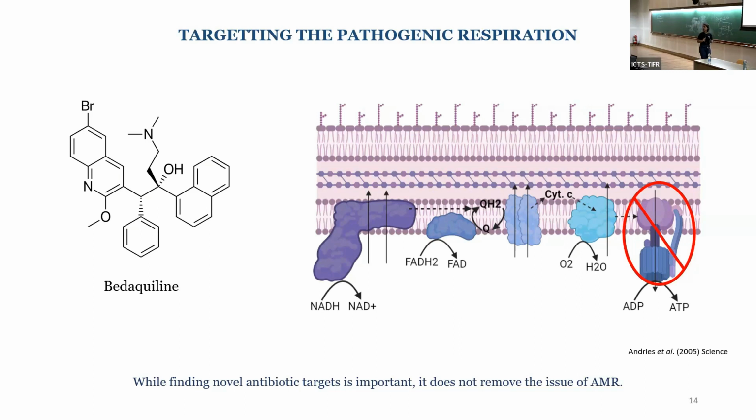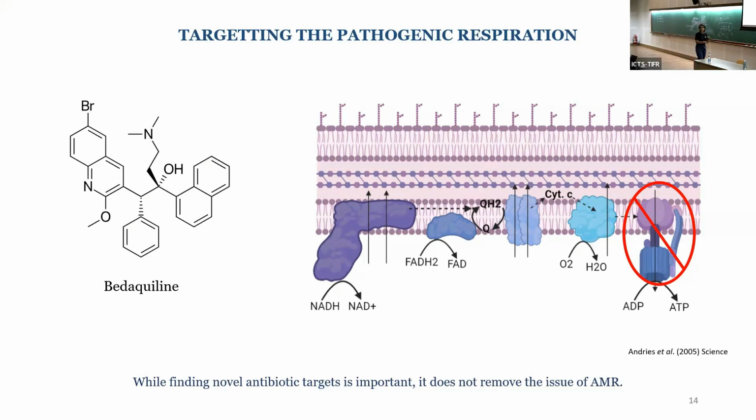It's used as a last line drug right now, and it only came into the market about 7 to 8 years ago. And we already have instances of resistance against bedaquiline. So the production of novel antimicrobials is important, but that obviously does not preclude the possibility of having antimicrobial resistance develop against those drugs.